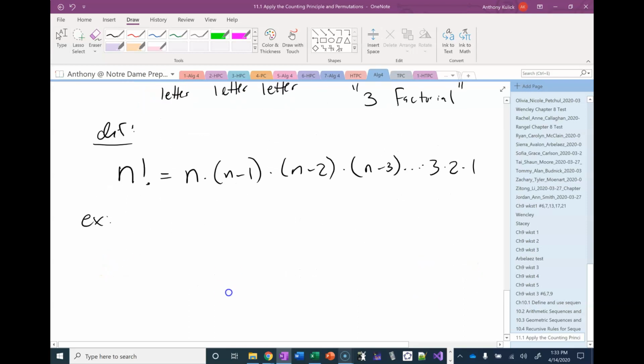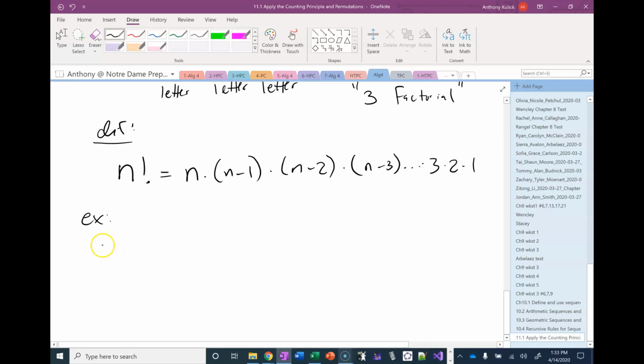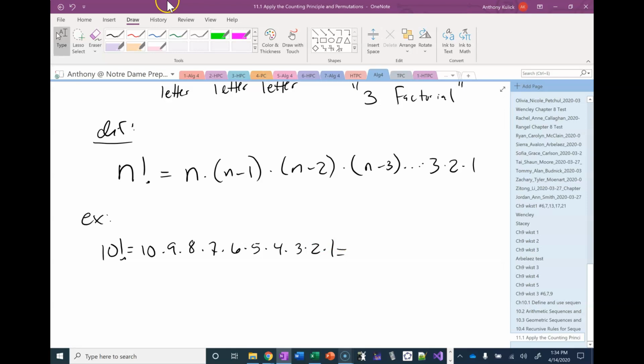So for example, if I wanted to do 10 factorial, that's 10 times 9 times 8 times 7 times 6 times 5 times 4 times 3 times 2 times 1. And it turns out there's a factorial button on our calculator that we can use so we don't have to type all of this stuff in. Let's show you how to find that.